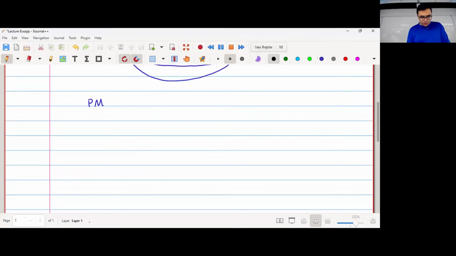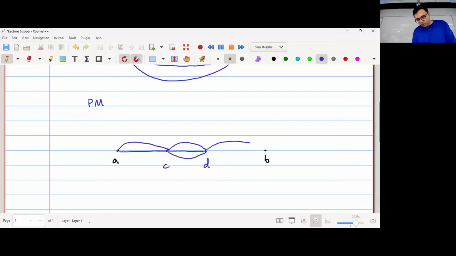Again, I have two cities, A and B. I want to go from A to B. But in order to go from A to B, I have to go through some intermediate cities, let's say C and D. And let's say that I have two ways of going from A to C, 3 ways of going from C to D, and, again, 2 ways of going from D to B.